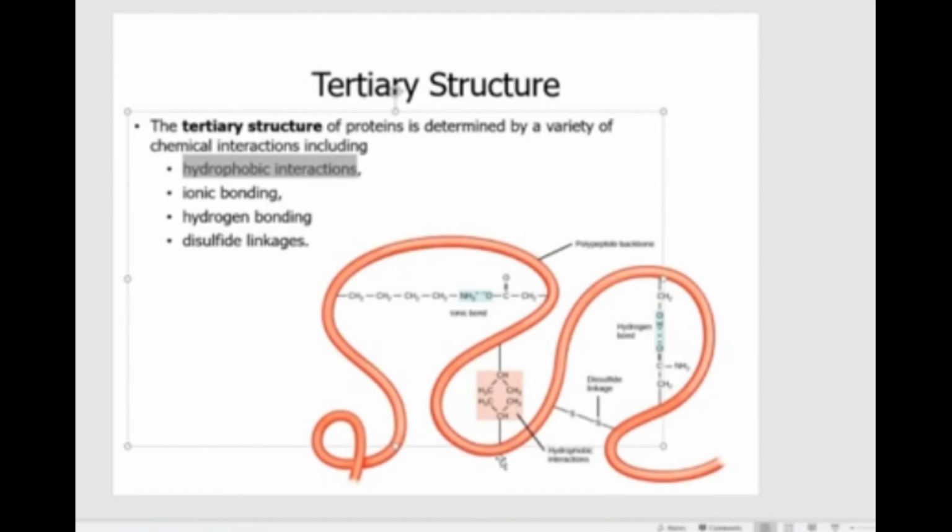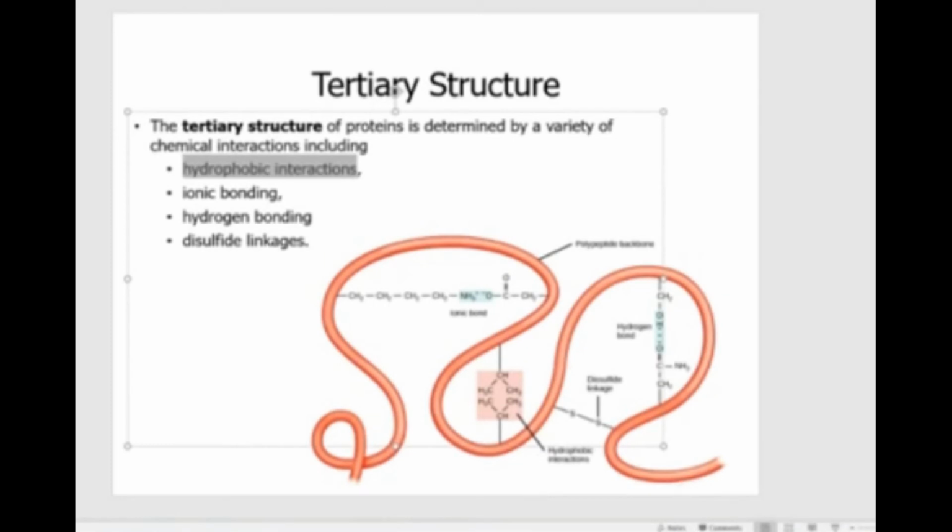They don't like to be out because we have more or less a watery environment inside our body. It's mostly water, so they want to stay inside. And amino acids that are polar tend to stay outside, on the exterior, so they can interact with the water. They like water. So this, again, is going to contribute to that 3D structure.